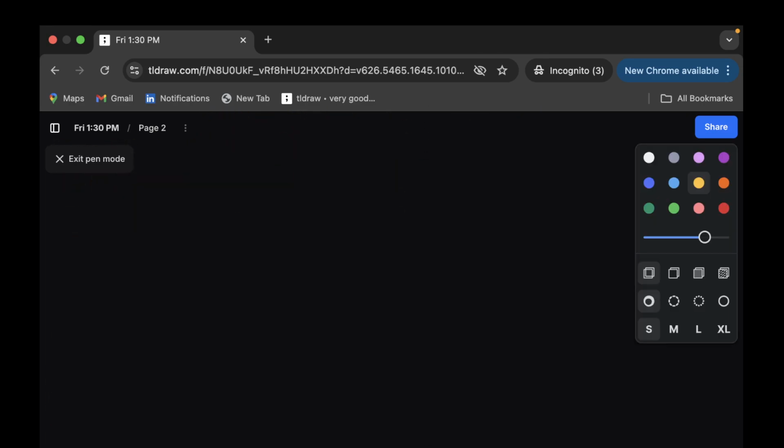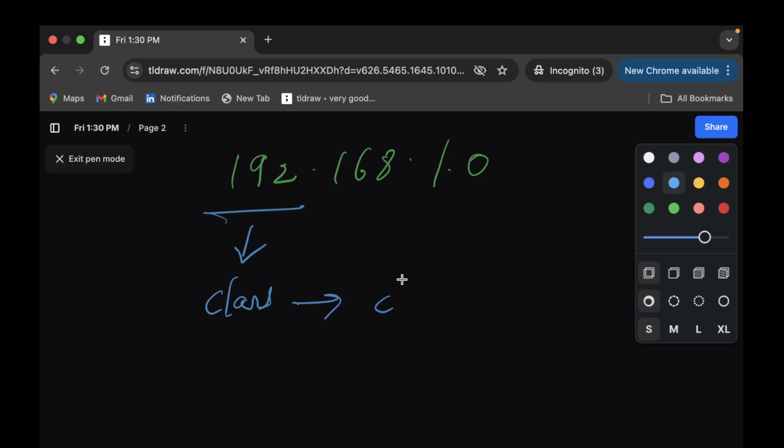Suppose our organization has the IP address 192.168.1.0. The first octet determines the class, so this is class C.